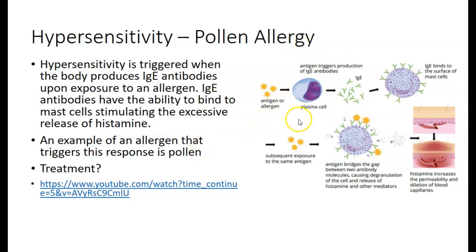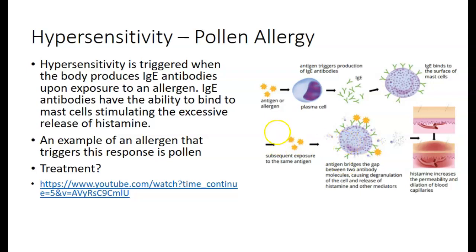The hope is that instead of the pollen attaching to these already existing IgE antibodies, or triggering the memory cells that would exist already that produce those IgE antibodies, we can get an immune response from a B lymphocyte that has an IgG antibody.